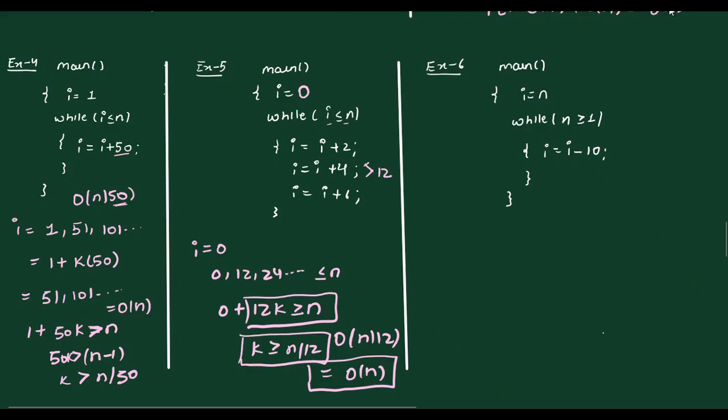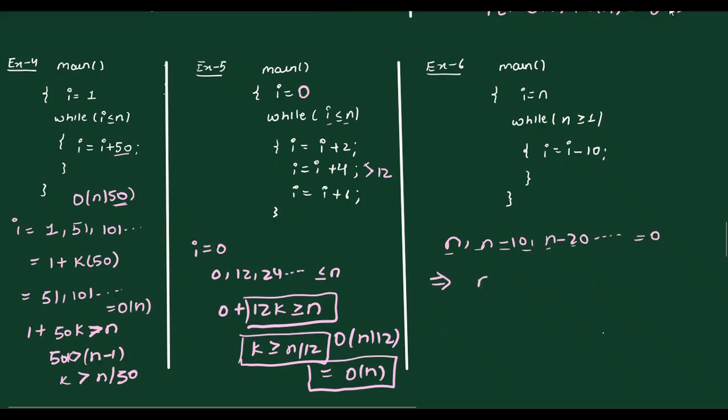Now let us analyze another problem. In this one we are starting from n, and each time we are decreasing the value by 10, that is n minus 10, n minus 20, and so on until the value becomes 0, right? So basically you can see this is an AP.